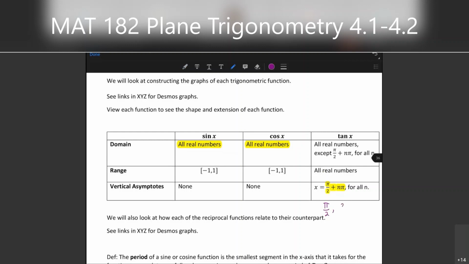So that would be 3 pi halves. Another one at 5 pi halves, and so on. And again, in the other direction as well. So you can go in the negative direction or the positive direction. You're going to continue to have those asymptotes every pi units starting at pi halves.